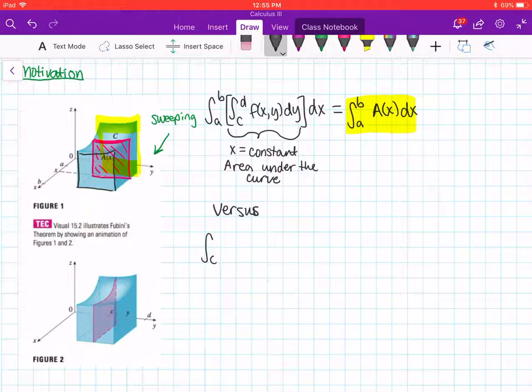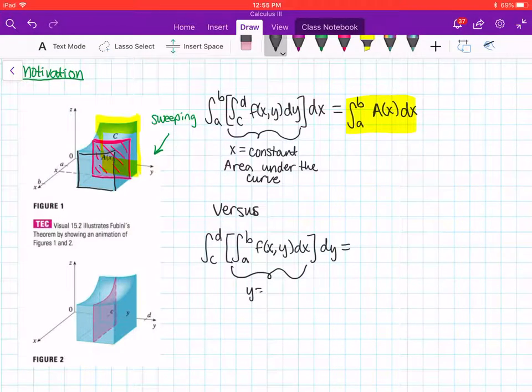So if we change the limits of integration, so first we go with respect to x. We see that here y is a constant, and we're still finding the area under the curve.